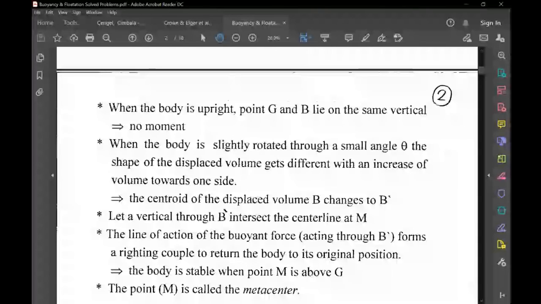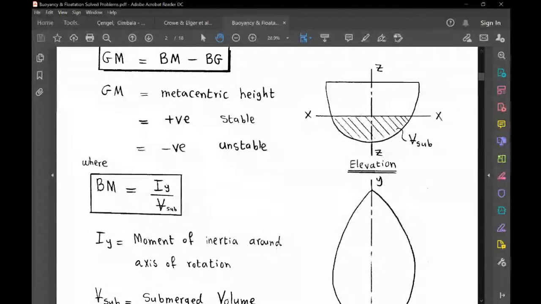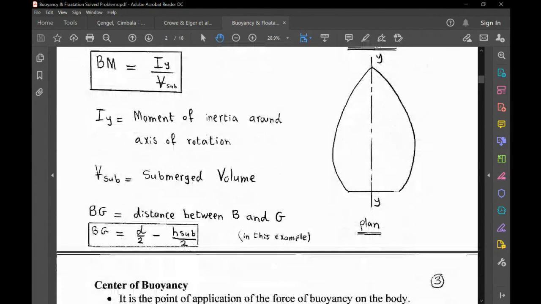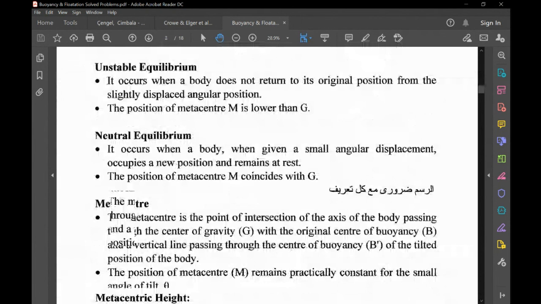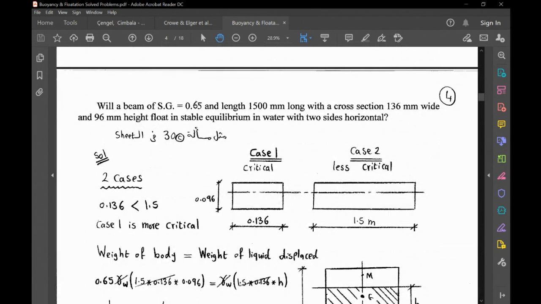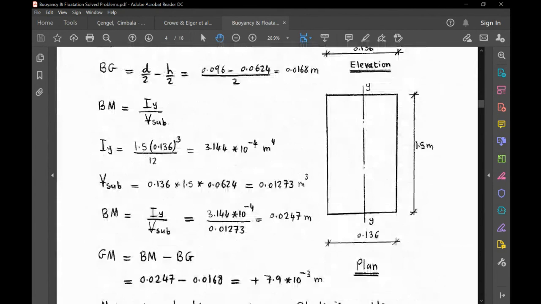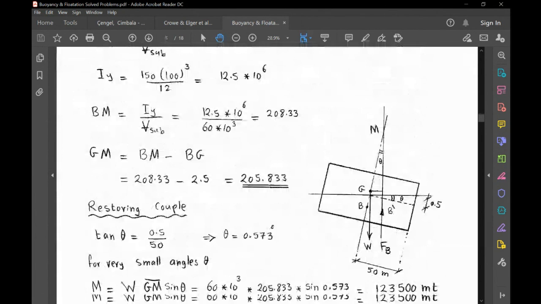So this is the document. It contains good other examples on the stability and the application of the formula. So take your time to follow the examples and understand them carefully.